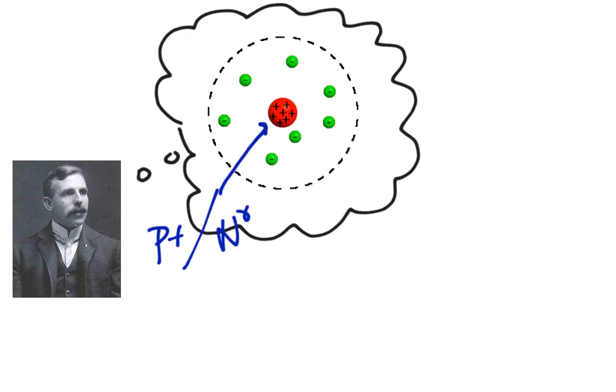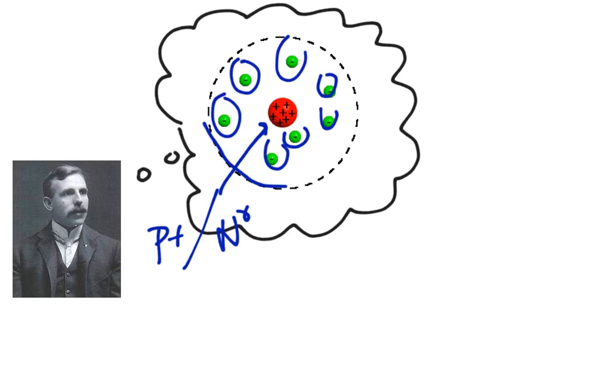But what he also mentioned is that the negatively charged particles, the electrons that were discovered by J.J. Thomson, were just kind of scattered around throughout the atom. And in total, they made up this rough volume of the atom, and it was mostly empty space in between.